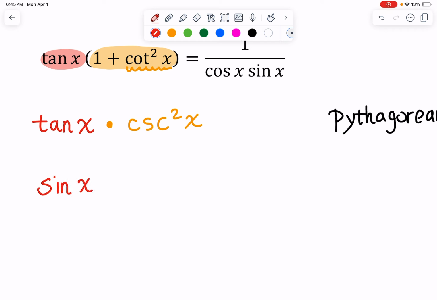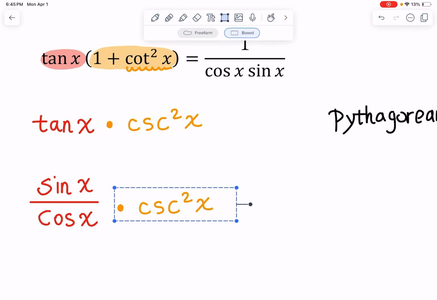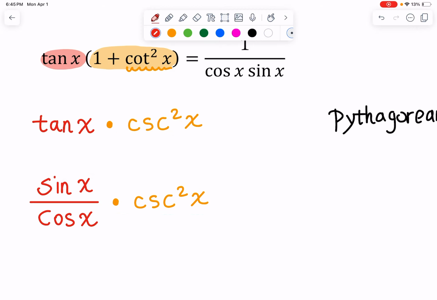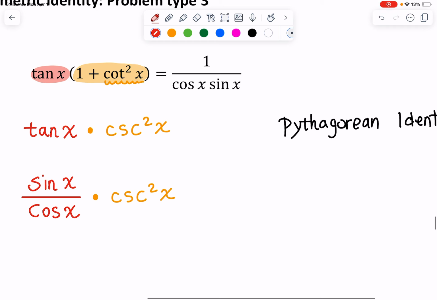So that red tangent x, I'm going to rewrite it as sine over cosine. I'm going to do one thing at a time, you guys. So leave this exactly the same. But what I just did is that I used a quotient identity. Whenever you rewrite tangent or cotangent theta into sine over cosine or cosine over sine, you are using quotient identity.